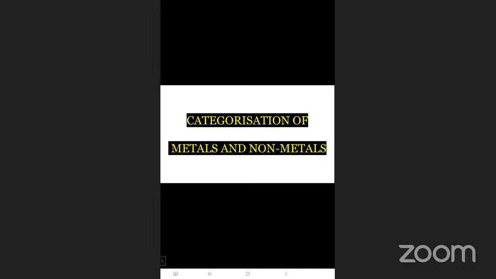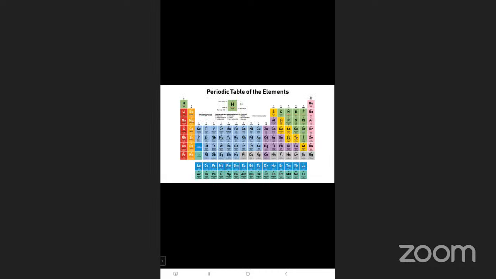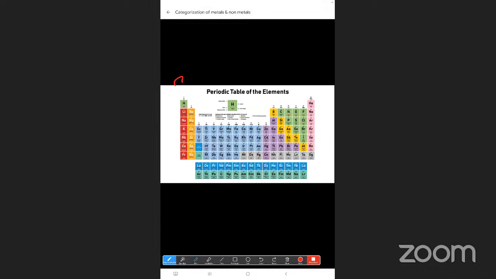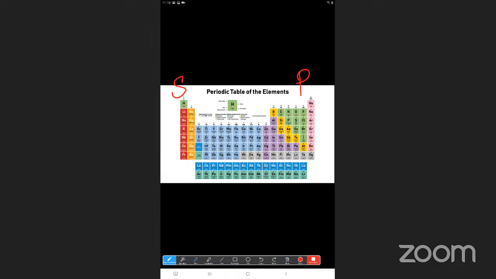So here, this is the categorization of metals and non-metals. Look at this periodic table. We know in the periodic table we have 118 elements. How are these 118 elements arranged? In this periodic table, we have S block, P block, D block, and F block.